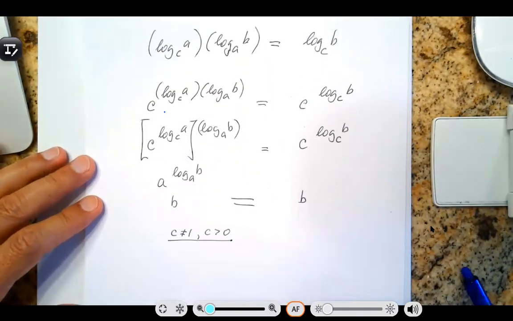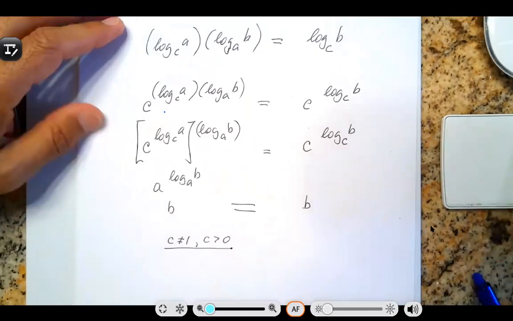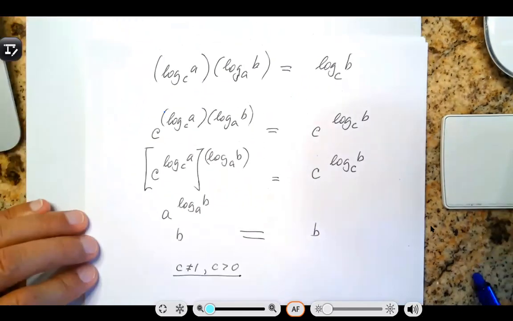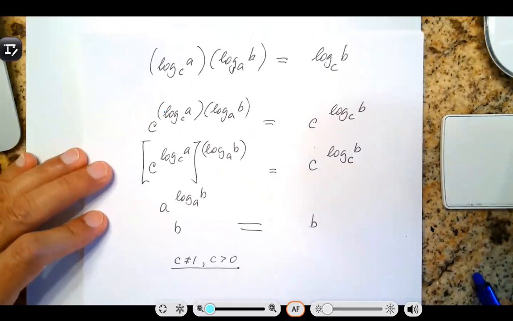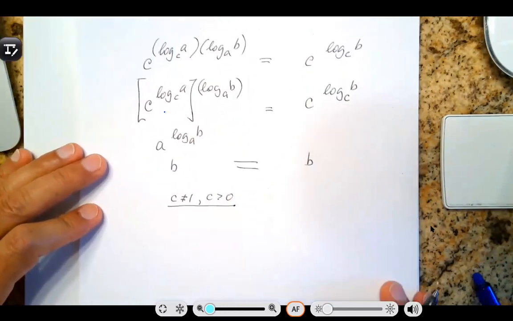So it's called the change of base formula. Now we can bring all the logarithms to one base.